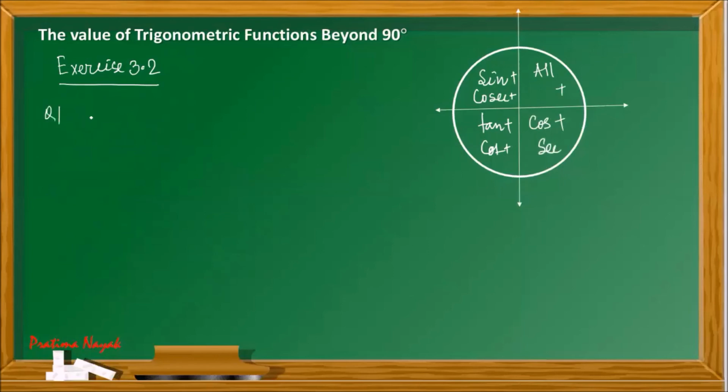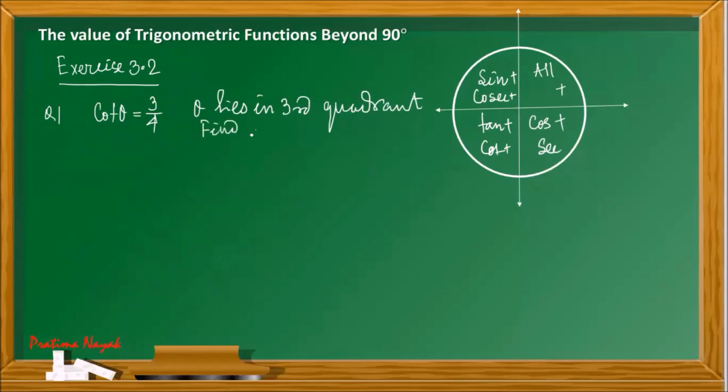This says cot theta is equal to 3 by 4. Find, theta lies in third quadrant. Find all other trigonometry ratios. That means find sin theta, find cos theta, find all trigonometry ratios.